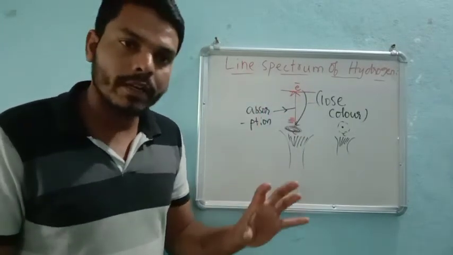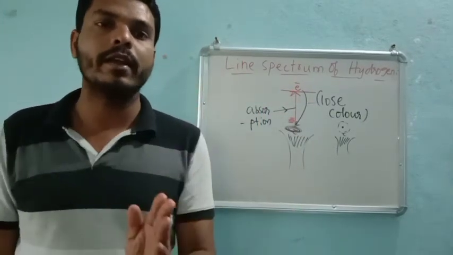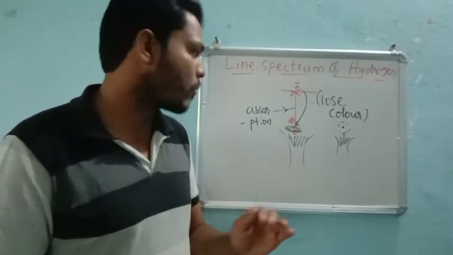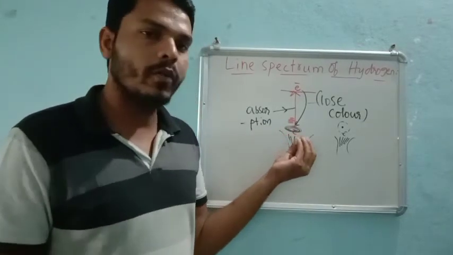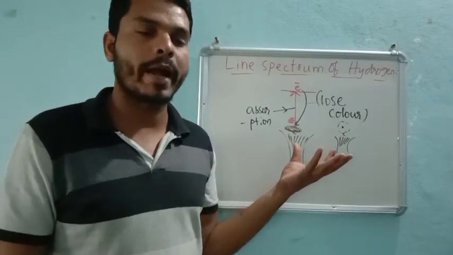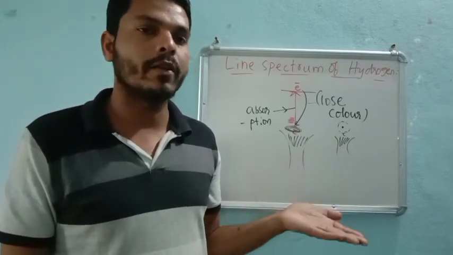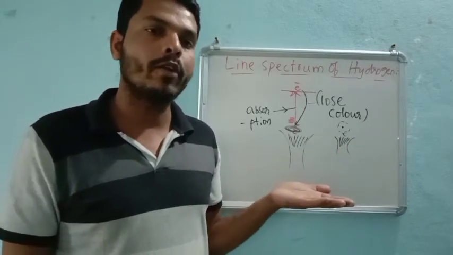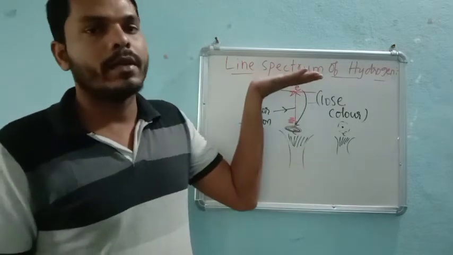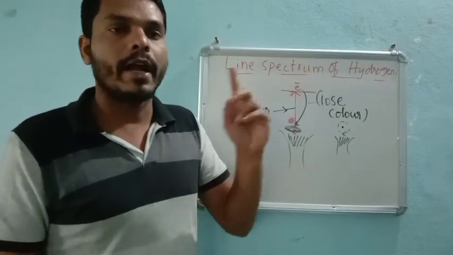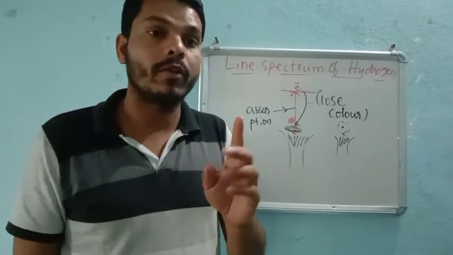So whenever the absorption takes place, listen to these points clearly. Whenever we give an extra amount of energy to the matter, the electron present in that matter will absorb the energy and jump to a higher energy level, and that higher energy level will not be stable. Why?